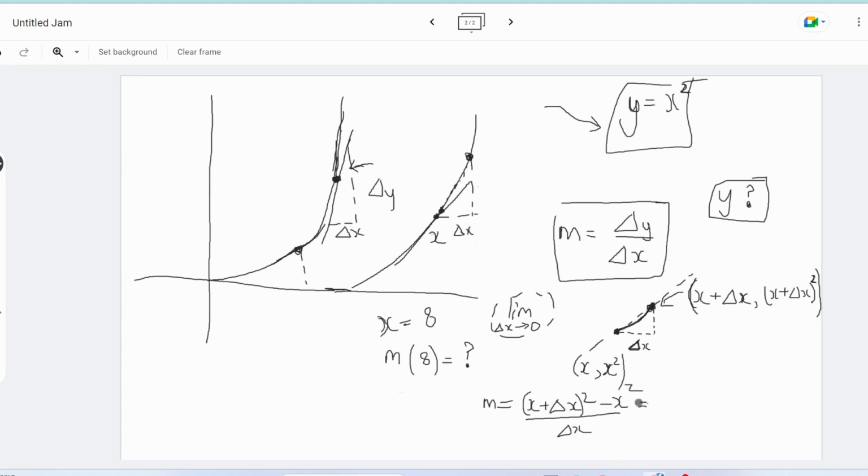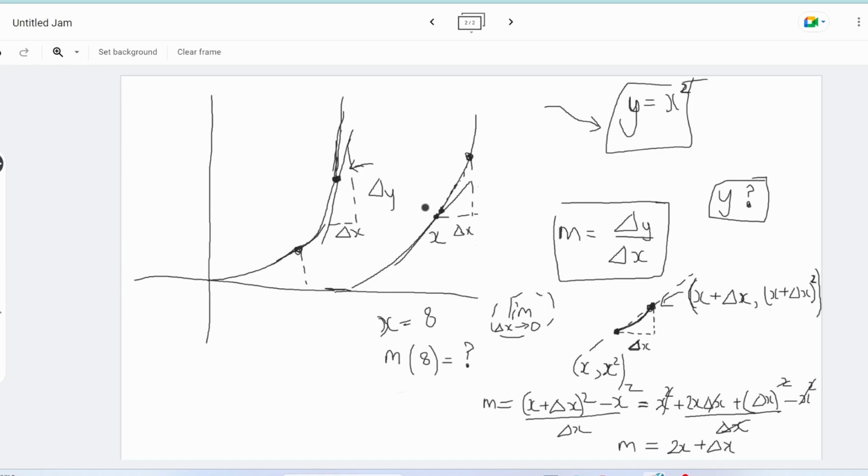Now this is just a bit of algebra. This is x squared plus 2x delta x plus delta x, the whole thing squared, and I'm taking away x squared. So these cancel each other out, and I'm dividing by delta x, so a delta x cancels. Essentially what I get is that the gradient is equal to 2x plus delta x.